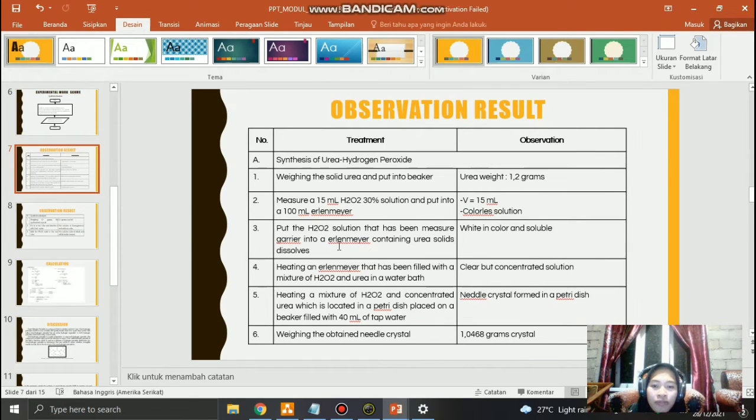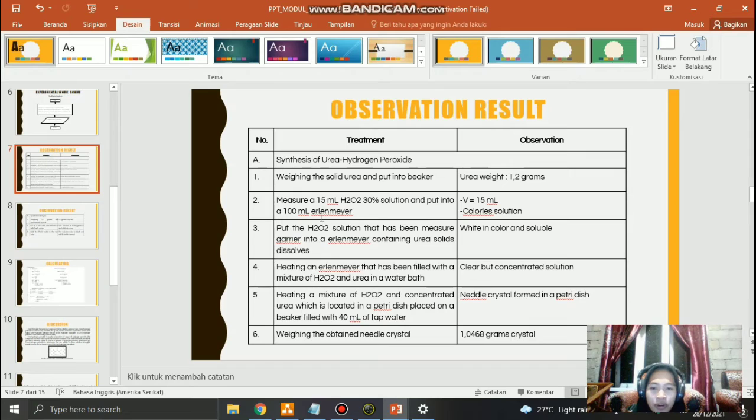Measure 15 ml of 30% H2O2 solution and put it into a 100 ml Erlenmeyer. Observation: volume 15 ml and the solution is colorless. Treatment 3. Put the measured H2O2 solution into the Erlenmeyer containing the urea solid to dissolve. Observation: white in color and dissolved.